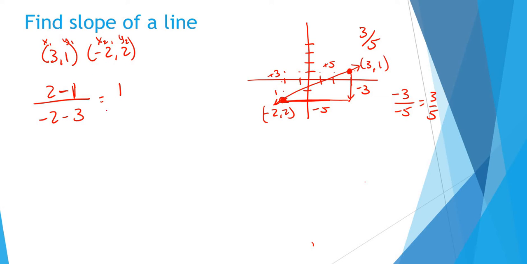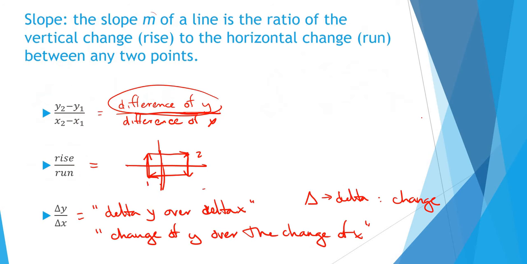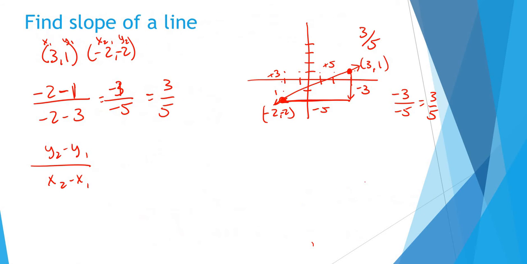Oh, this should have been -2. I'm sorry. That makes all the difference. All right, -3 over -5, which is 3/5. I labeled that point wrong. Scared myself for a minute. So anyway, whether we use our formula, y sub 2 minus y sub 1 over x sub 2 minus x sub 1, or whether we count on the graph paper, we're still going to get a slope of 3/5.